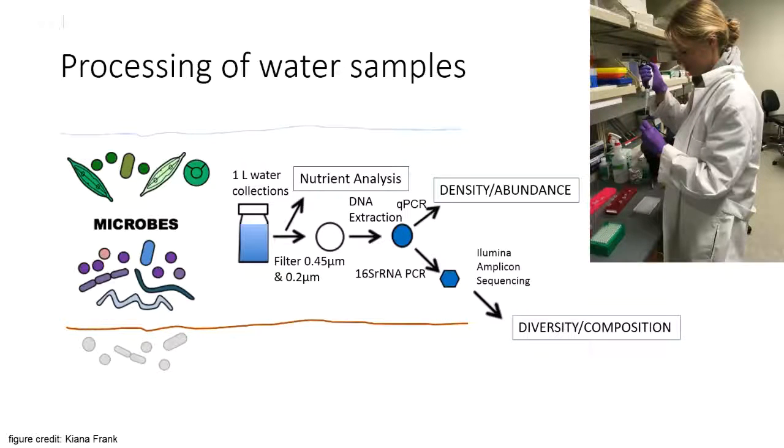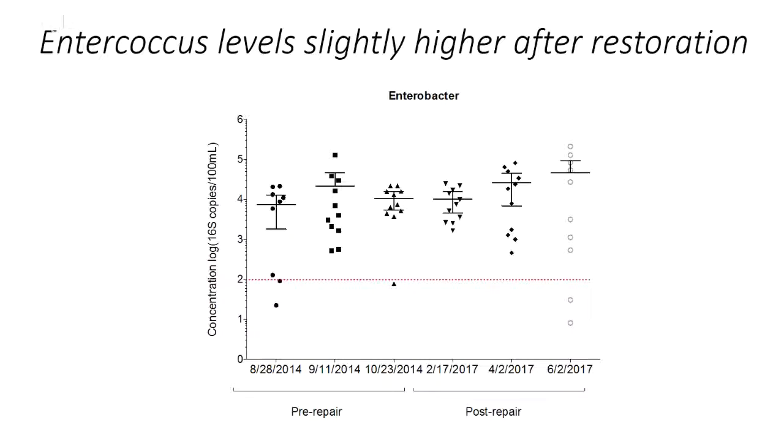And this is just a picture of me processing some of the samples and preparing them for qPCR, which is a technique to amplify bacteria that then gives us data on which bacteria are present and how much of them are present.